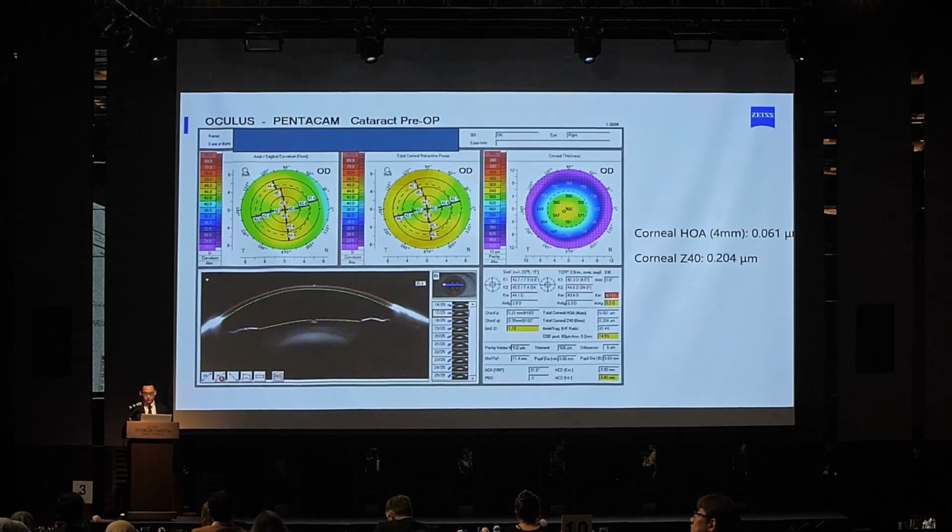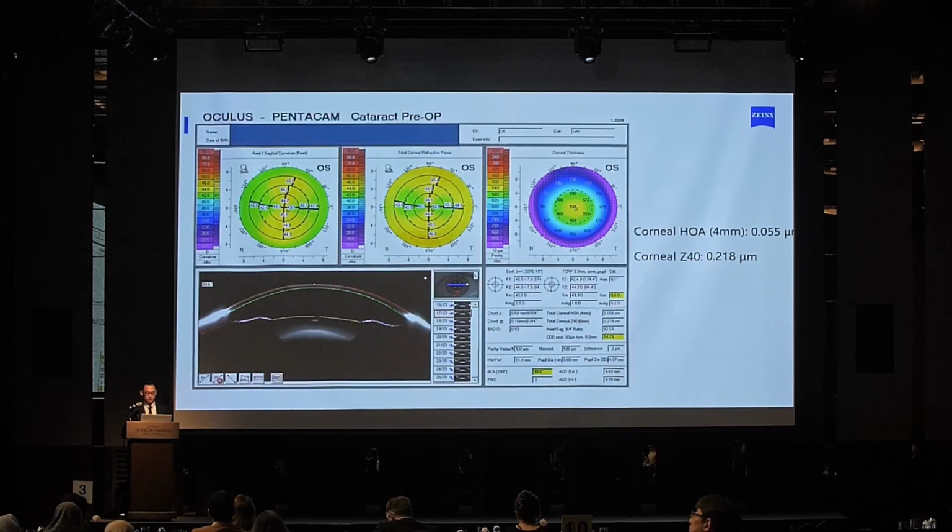For the tomography of the cornea, we can see a regular astigmatism with corneal high order aberration 0.06, below 0.3, and normal spherical aberration. The left eye shows normal corneal astigmatism and the high order aberration is below 0.3. So the patient is still suitable for a multifocal lens.